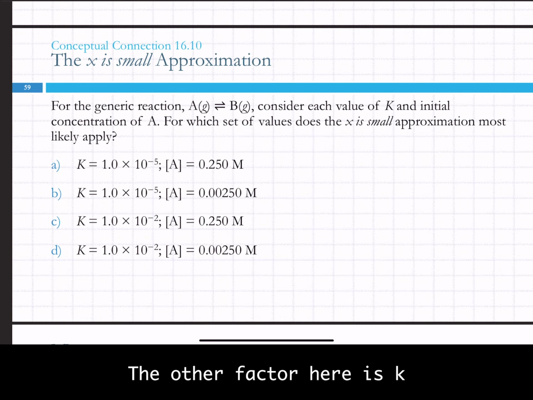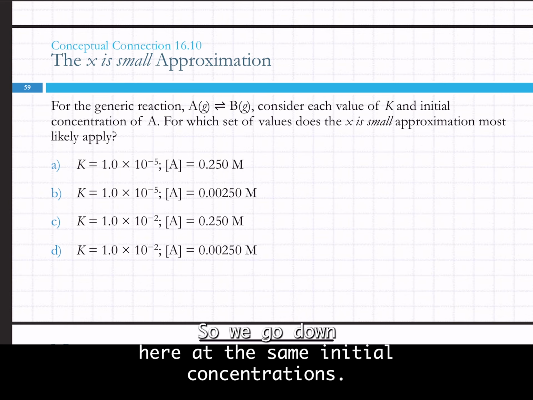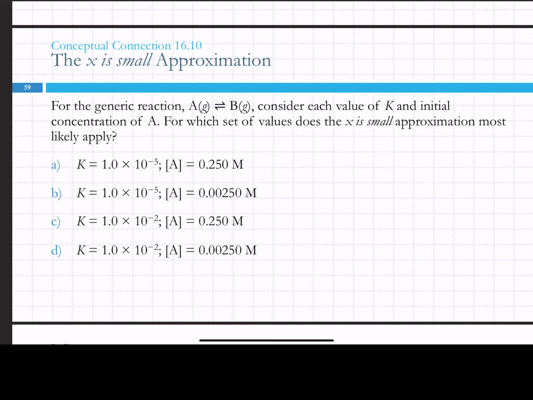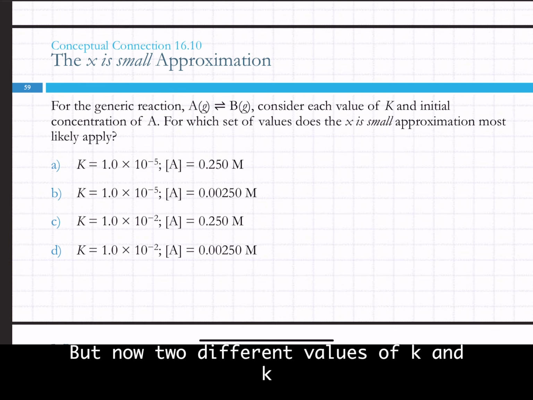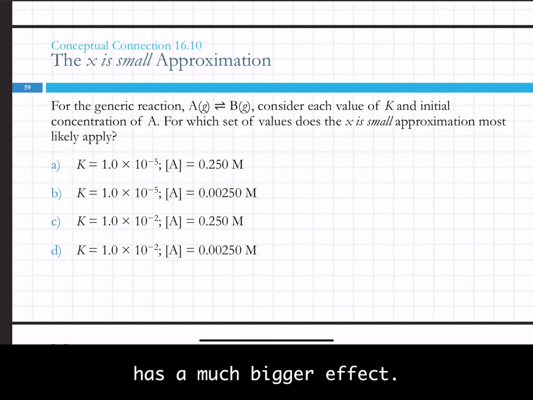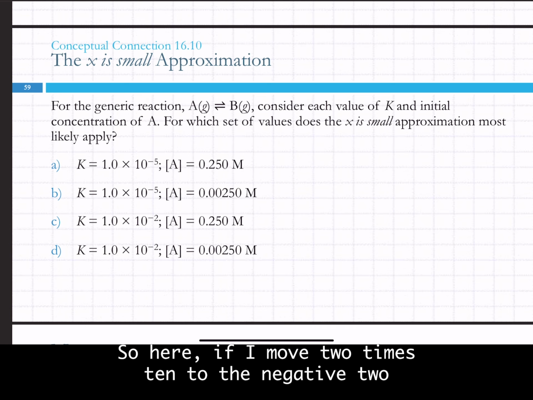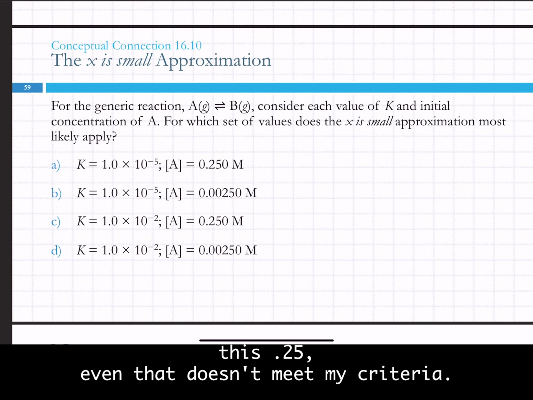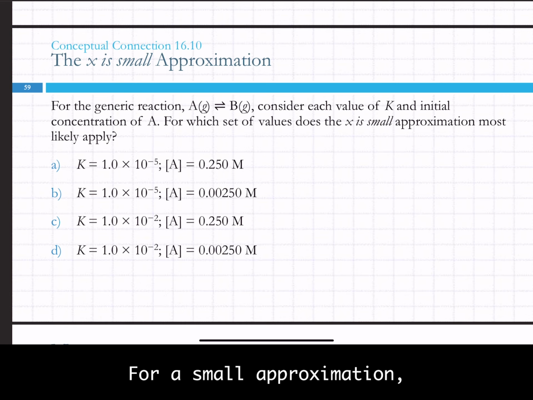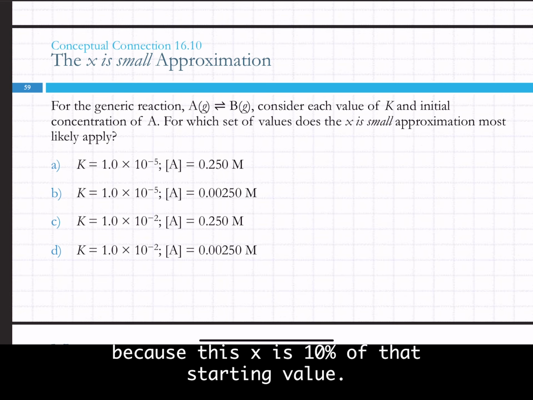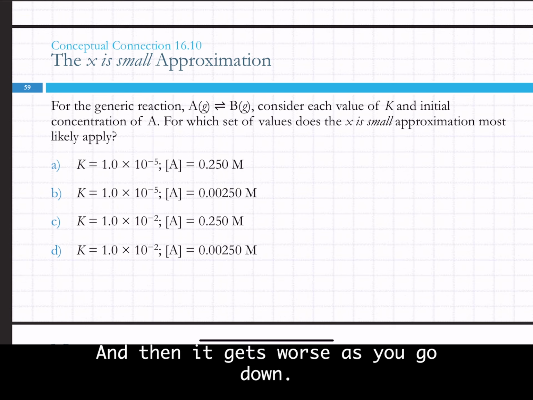The other factor here is K. Down here, I have the same initial concentrations, but now two different values of K. K has a much bigger effect, because a really, really small K really favors my reactants. Here, if I move to times 10 to the negative 2, even 0.25 doesn't meet my criteria for the small approximation, because x is 10% of that starting value, and it gets worse as you go down.